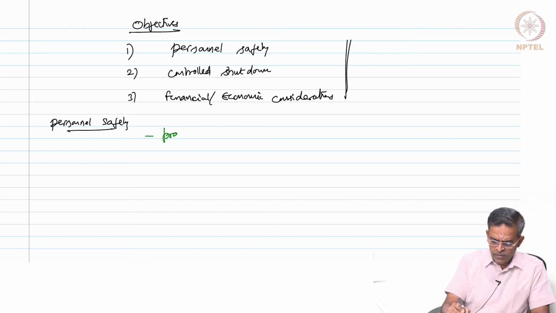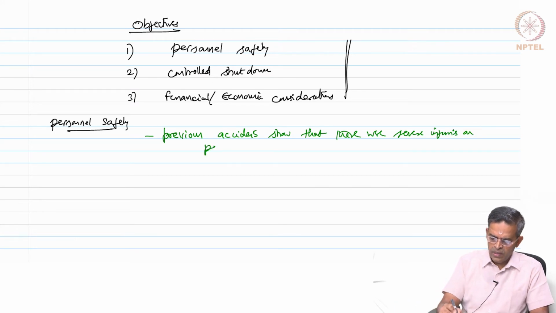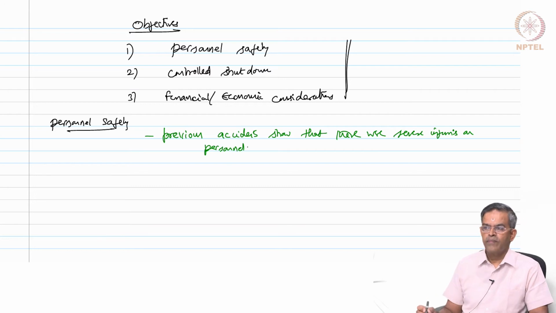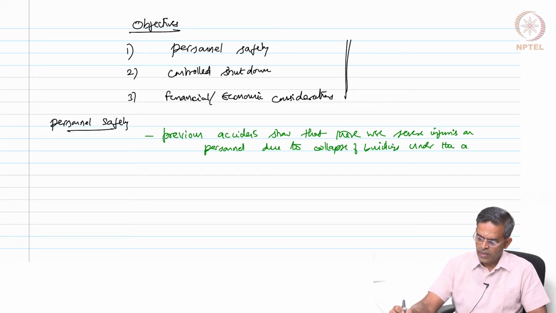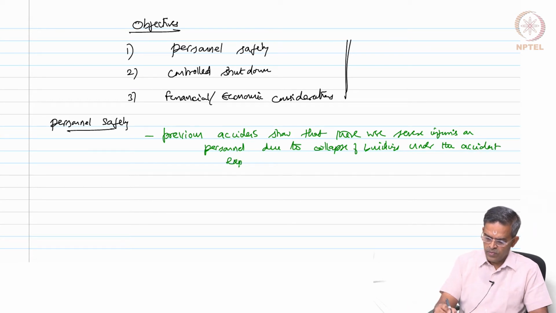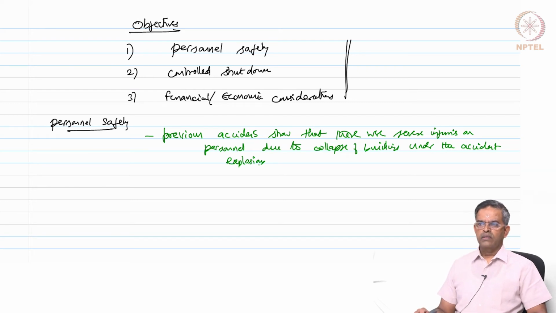So, previous accidents show that there were severe injuries on personnel due to collapse of buildings under accidental explosions.